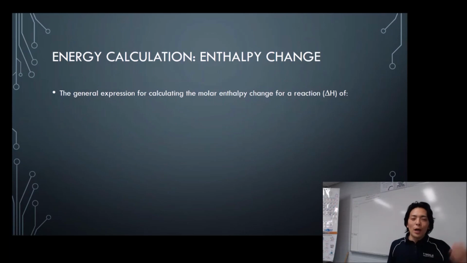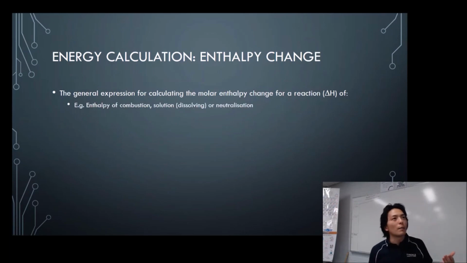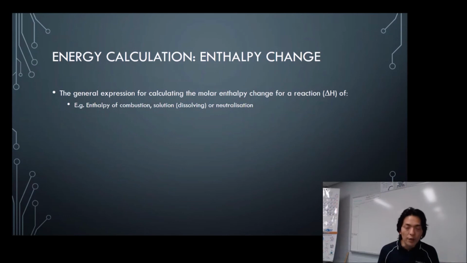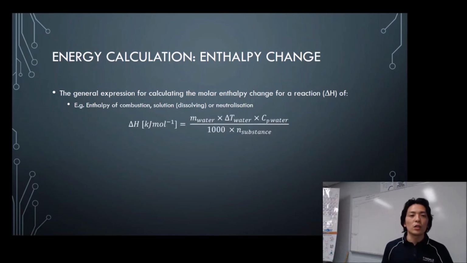So per mole, how many kilojoules of heat have been either absorbed or released. So enthalpy of combustion or solution or neutralization can be calculated with this formula. So delta H, in this case, is in kilojoules per mole. So heat released or absorbed per mole of the substance you used.